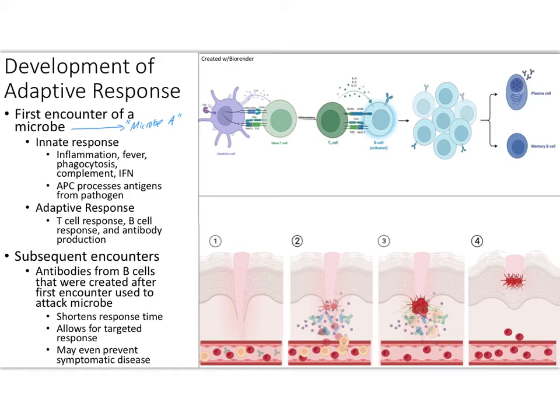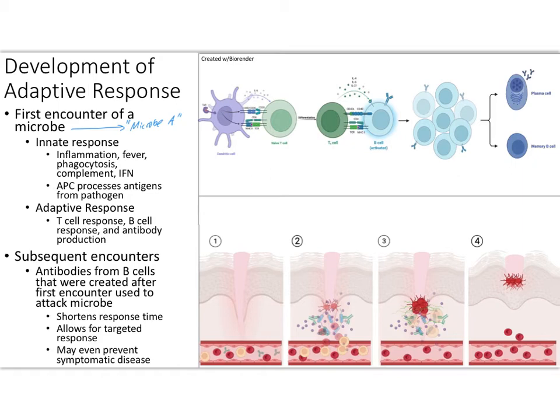Things like inflammation, fever, phagocytosis, the complement cascade, interferon, those things are going to go ahead and be active in their attempts to get rid of the microbe. Chances are good we are going to get noticeably sick from this infection, because as good as our innate immune response is, it's not perfect and it can't deal with everything. So it's going to do everything it can to get rid of that microbe, but we're probably going to be sick.